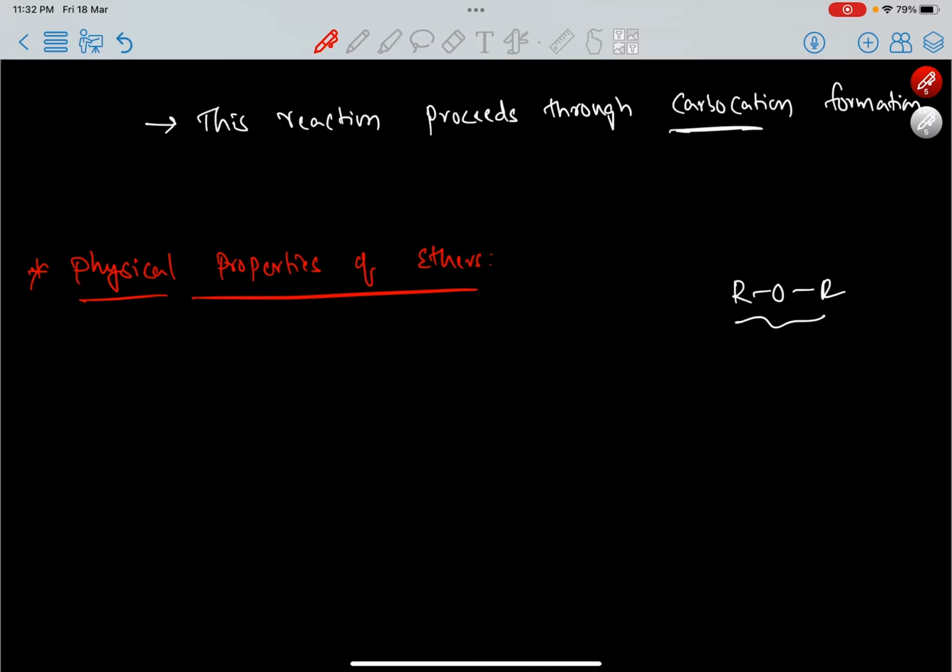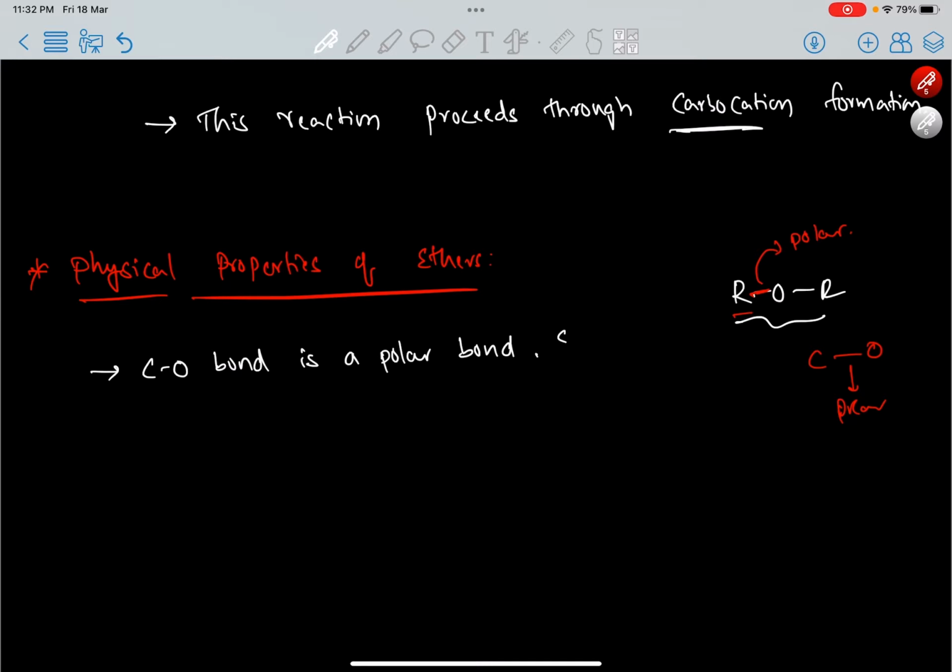This R-O bond is polar, because it is a carbon-oxygen bond and there is some electronegativity difference between carbon and oxygen. So the C-O bond in ether is a polar bond.